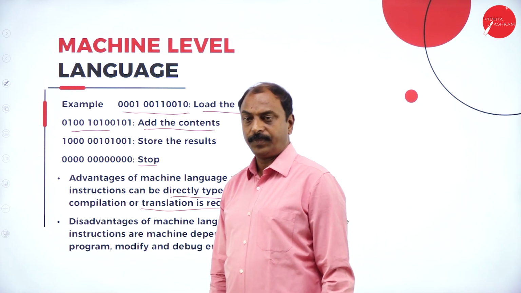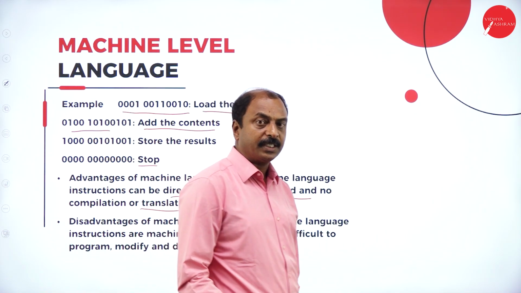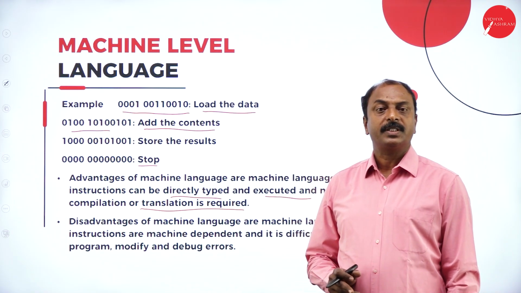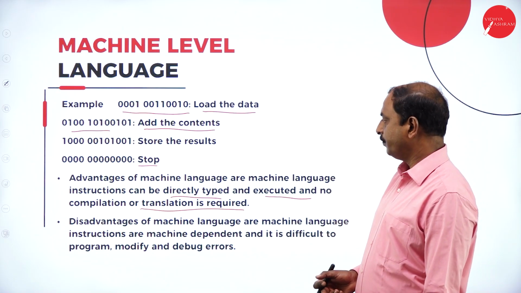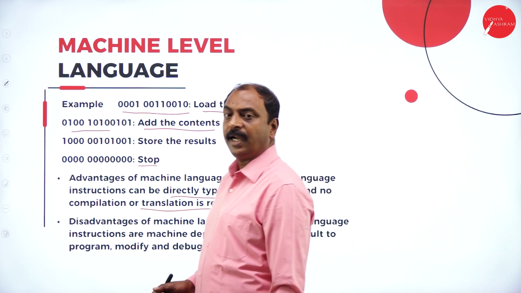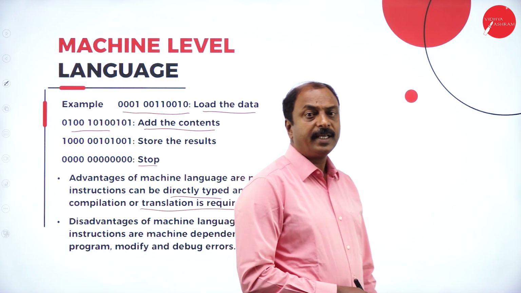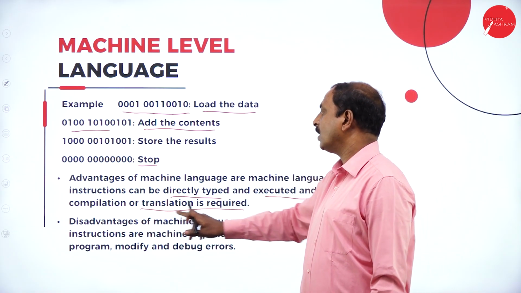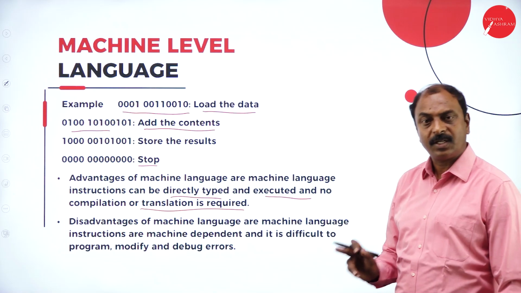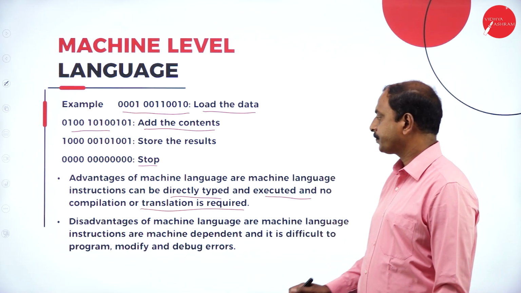Because computers can understand only machine level language, any instructions given through machine level language work directly with the computer hardware, and we need not translate them into something else using a compiler or interpreter. So here no translation is required, as the computer can understand only machine level language.